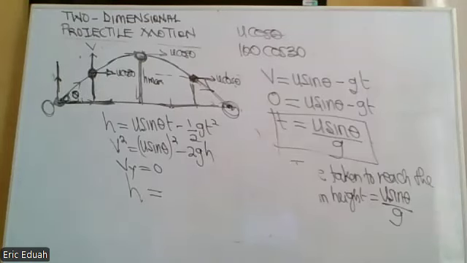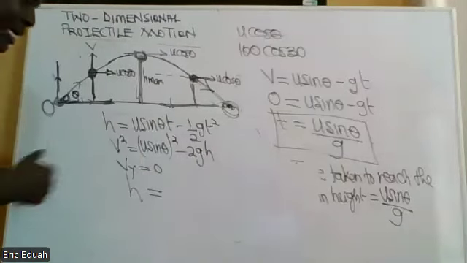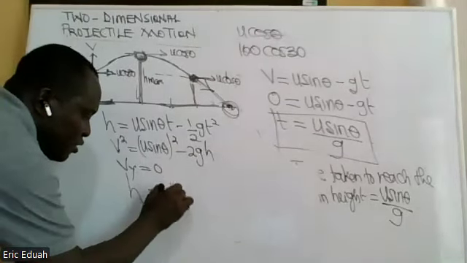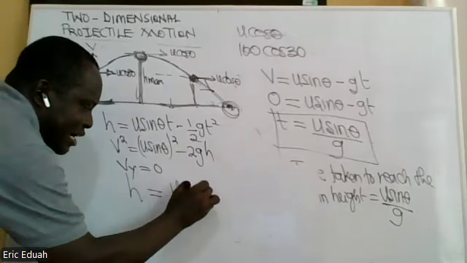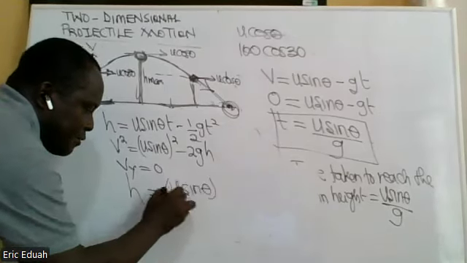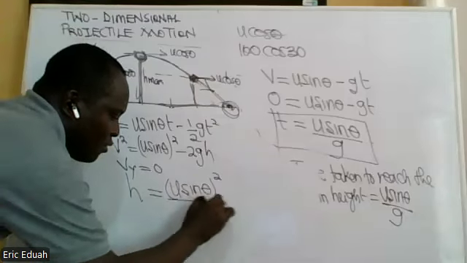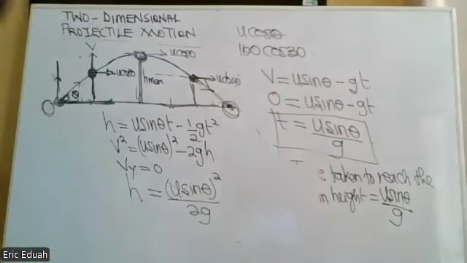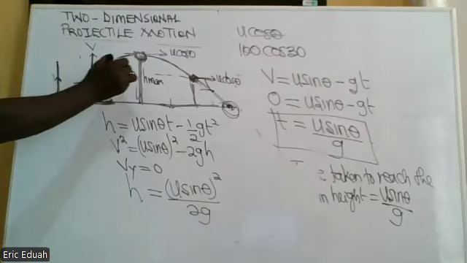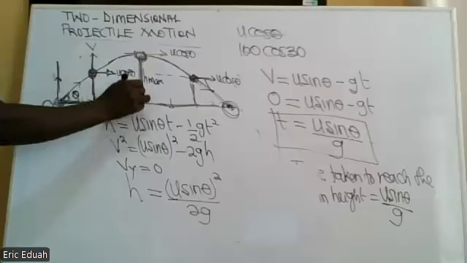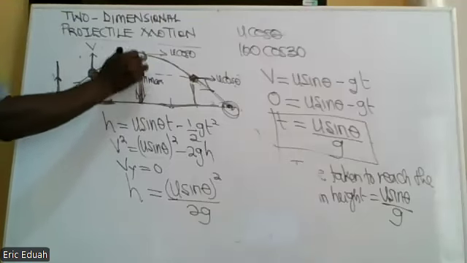Sir, H equals u sine theta squared over 2g. Exactly. So, Bridget, you omitted a square. H equals (u sine theta) squared over 2g. Do you know what this means?